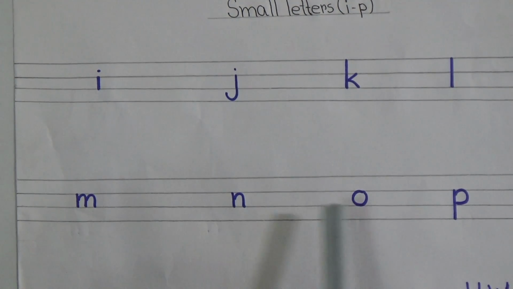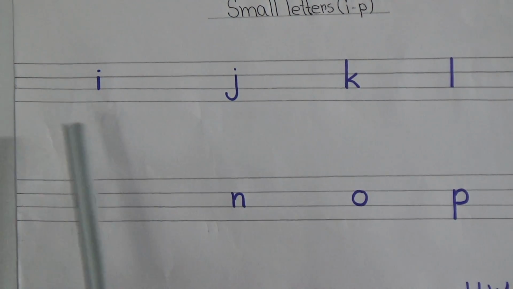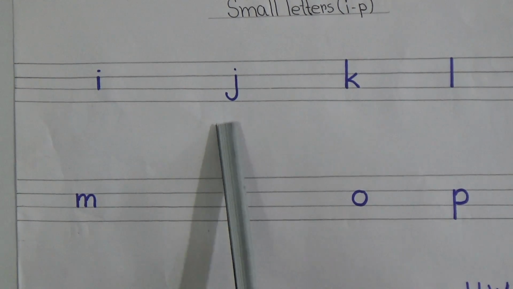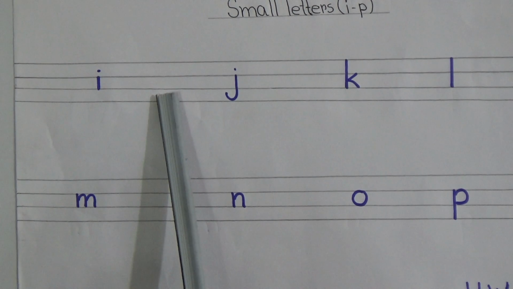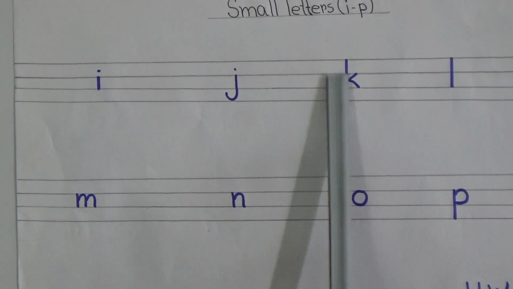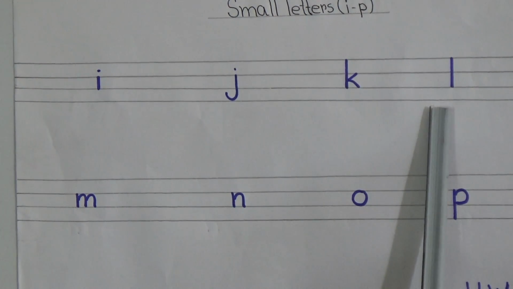M, N, O, P. When you write your small letters, you have to maintain these writing rules: first two lines, then touch the last border line, and start from the first border line, and this K also starts from the first border line.